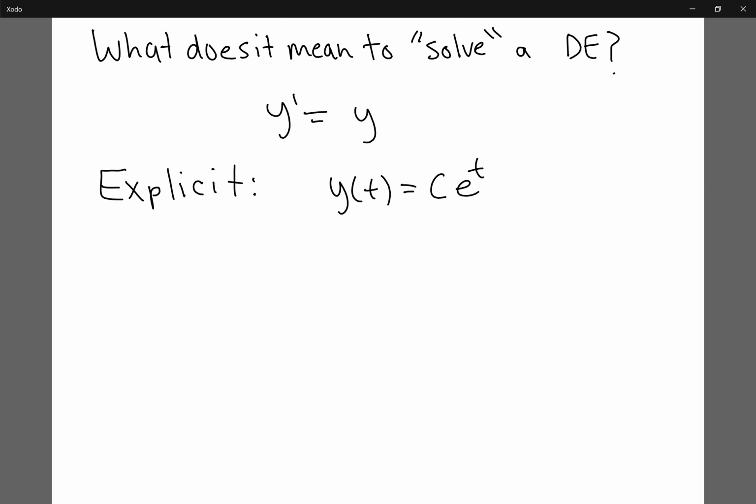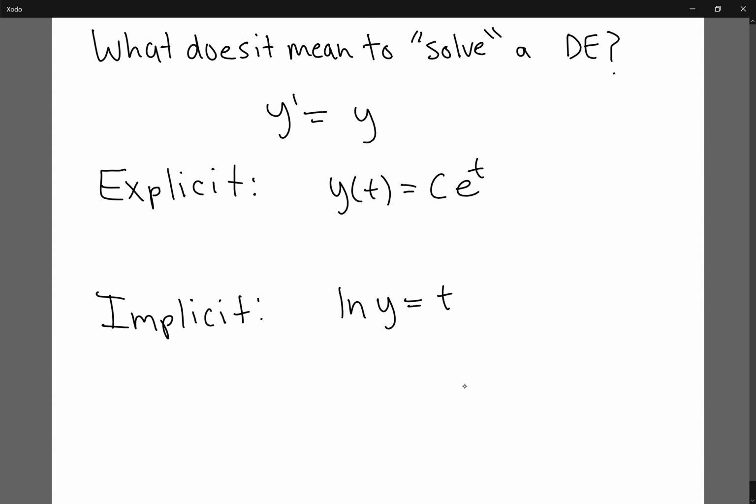On the other hand, you may find that that is not going to be possible for certain problems. And in those cases, what we'll sometimes live with is what's called an implicit solution. Something like perhaps ln y = t + c. You'll notice that this does give us a relationship between y and t, but it doesn't tell us directly how to compute y.